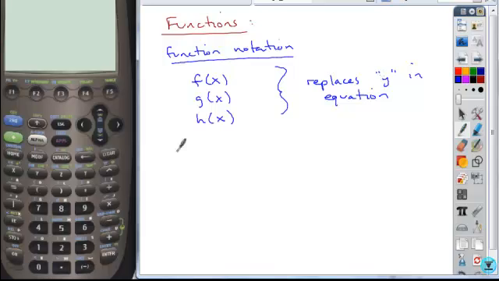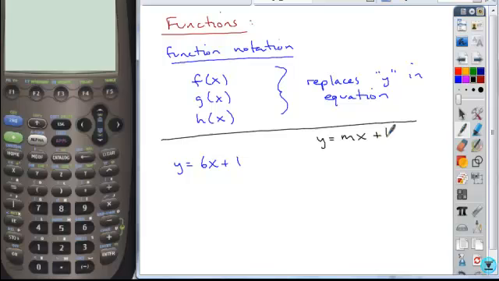Okay, so if we look at something, let's say it has the following form. Right, this form right here, y is equal to 6x plus 1. This is the form mx plus b, okay, which is called a linear function.